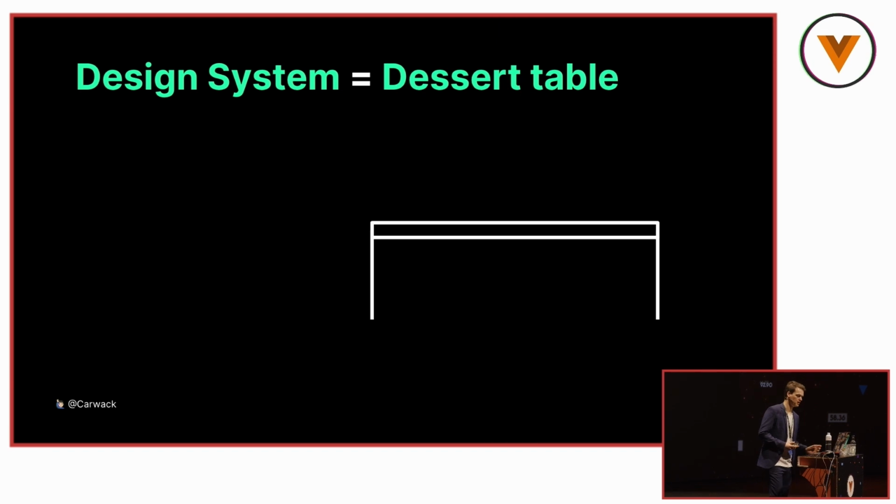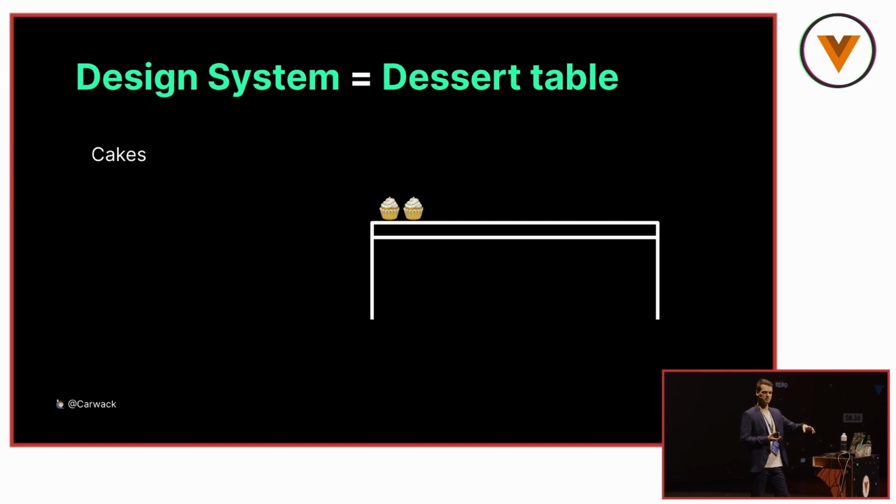Now, on that dessert table, we have some things. We have some very simple, basic cakes, which are your basic components, like a button or a label. If this was Astro, this would be space cakes. We also have more complex cakes, like multi-layer cakes, and these are the more complex components, like an accordion component or a footer or header.